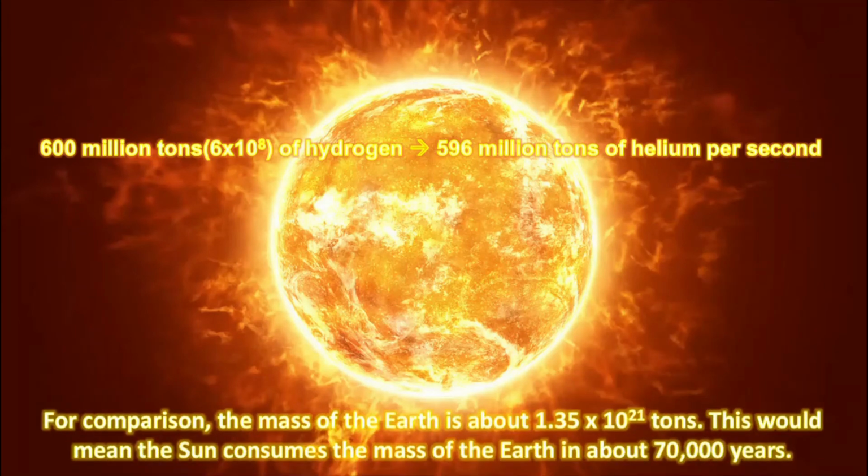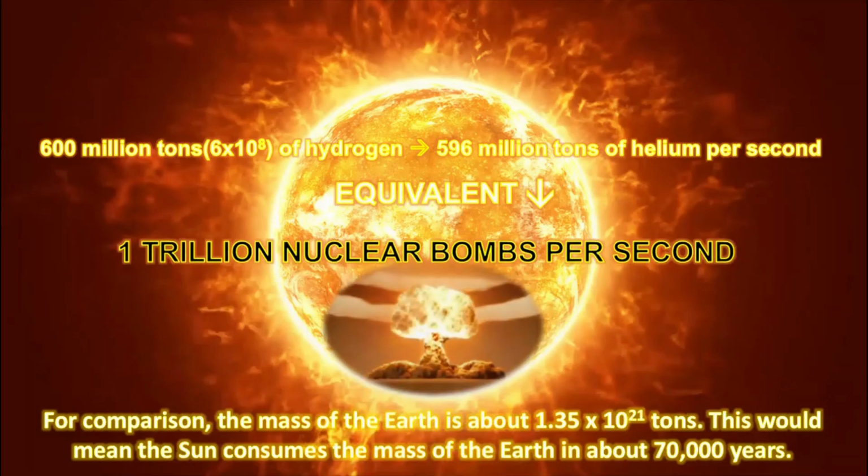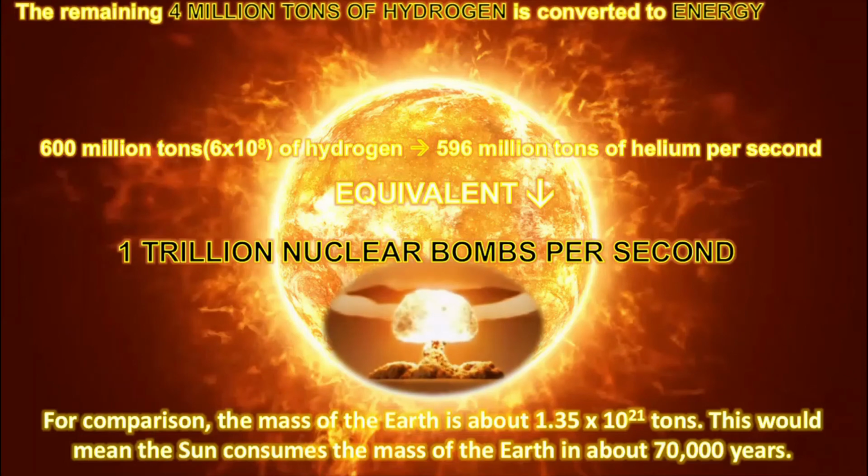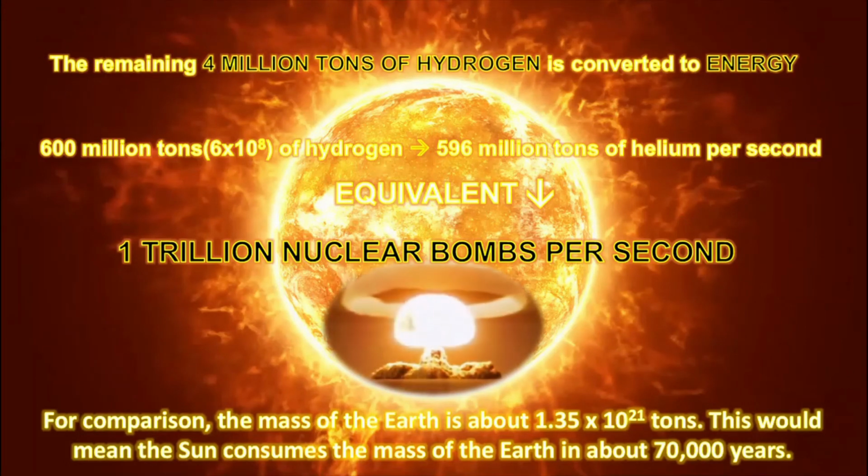For comparison, the mass of the Earth is about 1.35 × 10^21 tons. It would mean the Sun consumes the mass of the Earth in about 70,000 years, which is equivalent to 1 trillion nuclear bombs per second. The remaining 4 million tons of hydrogen is converted to energy.